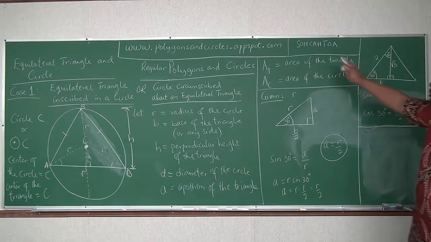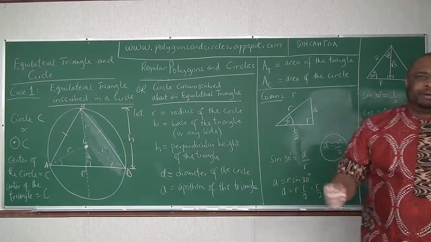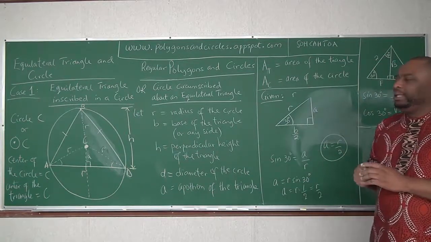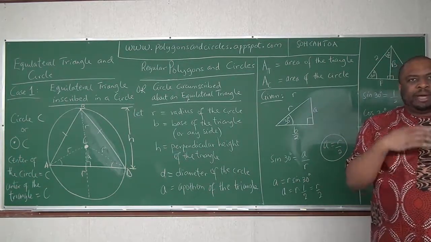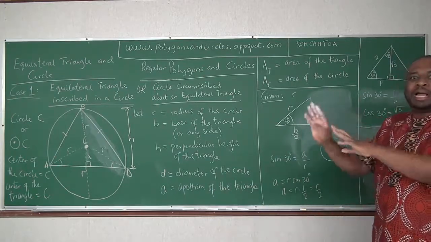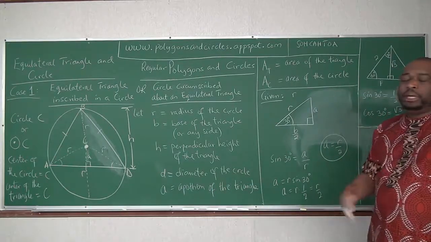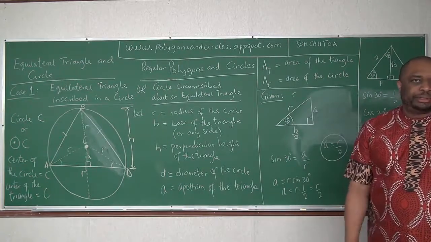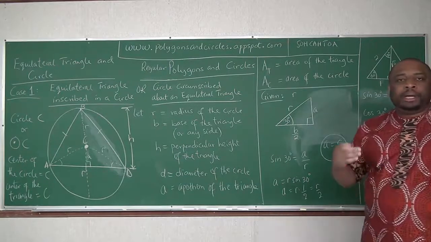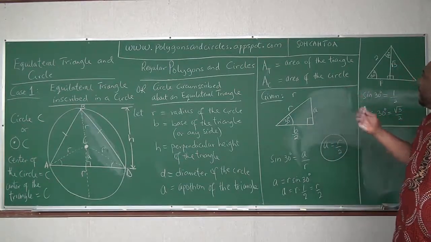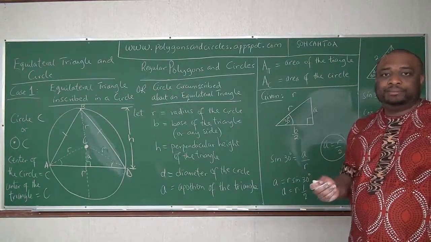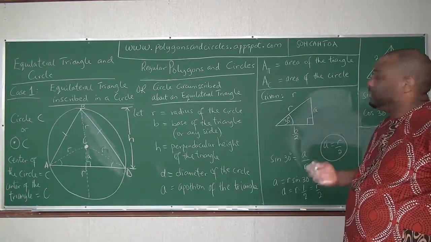And please, I didn't say this before now. Before you view this video, it is highly recommended that you have viewed, or at least know some triangles, the trigonometric ratios, SOHCAHTOA, and then cosecant, secant, and cotangent.